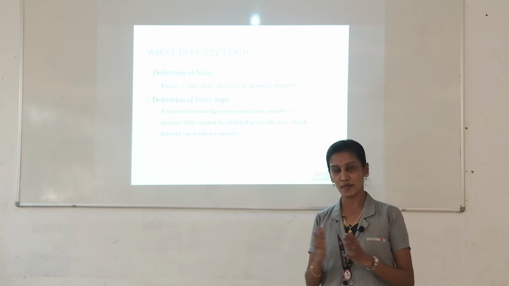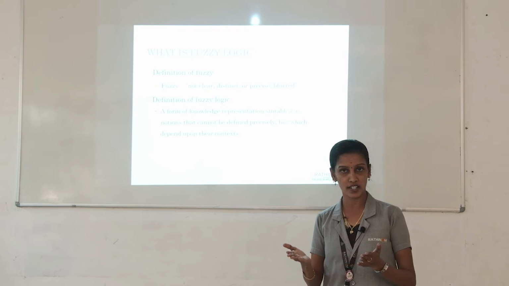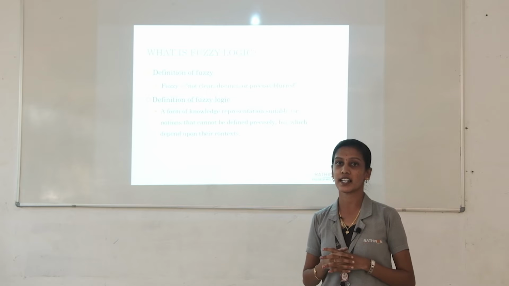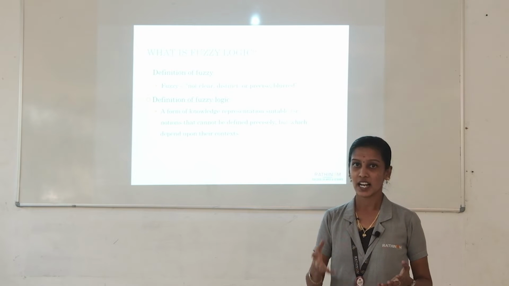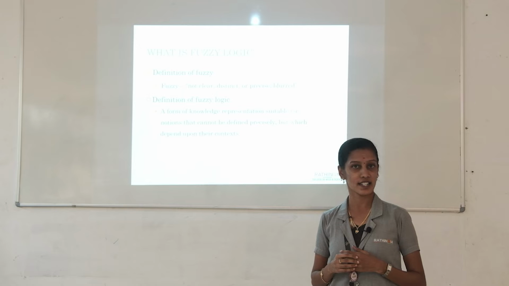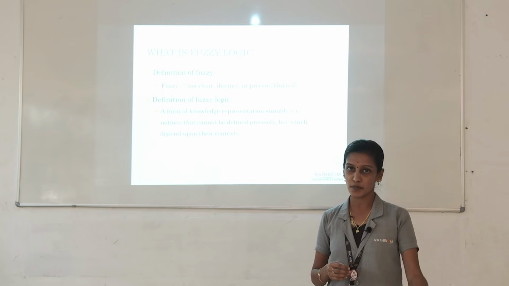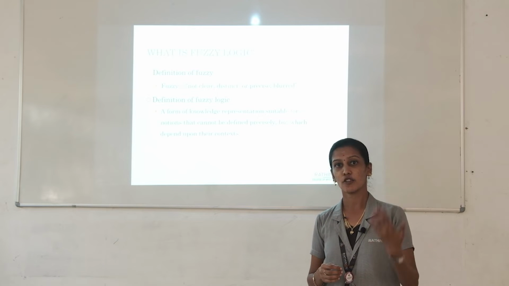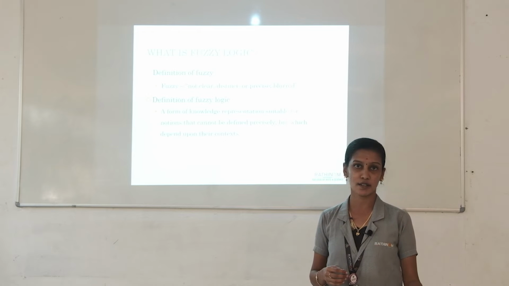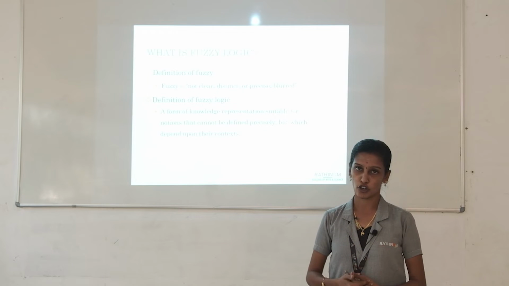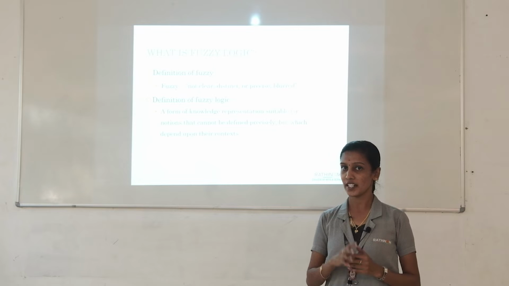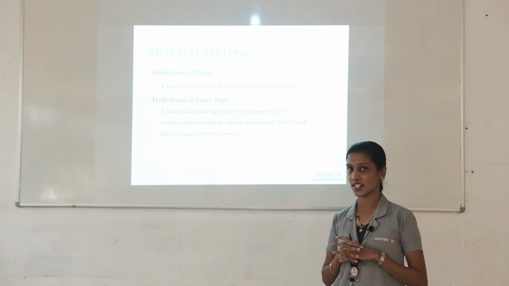If it is extremely hot, I can assign the value 1. If it is somewhat hot, I can assign 0.8, and if it is average, I can assign 0.5. If it is below average, I can give values whether it is extremely cold or somewhat cold. I hope you now have some idea about what fuzzy logic is.